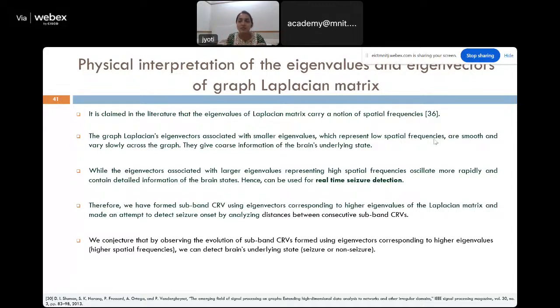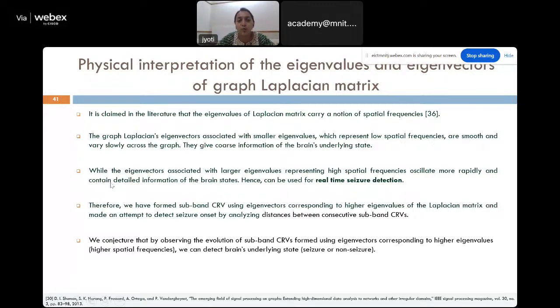If we consider the eigenvalues of the Laplacian matrix, we are capturing the spatial information from our brain signals, and as we are using different segments, we are also using the time varying information of our brain. So in this work, if you use the heat kernel matrix and find the Laplacian matrix, we are capturing temporal as well as spatial dynamics of the human brain.